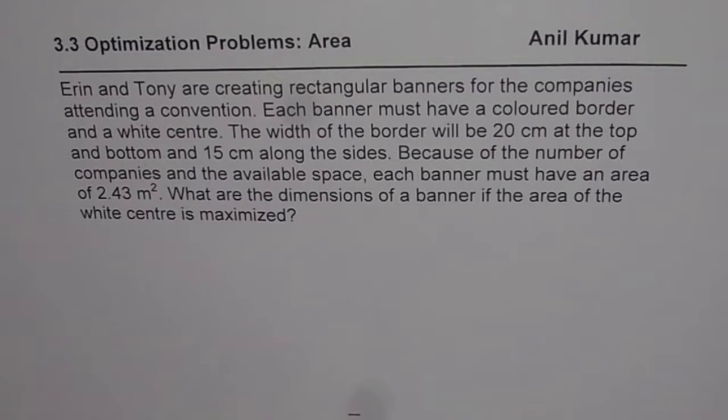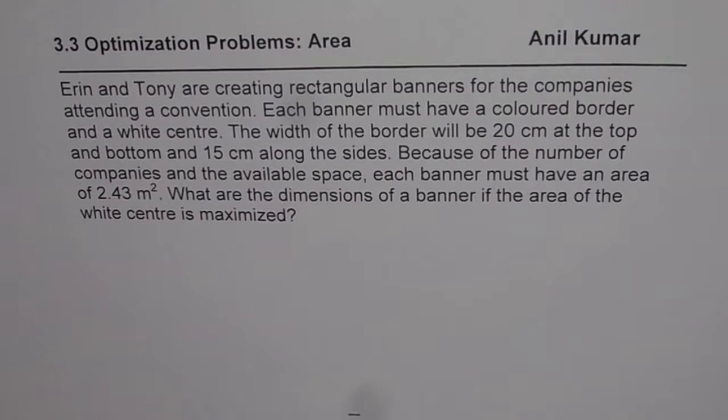Because of the number of companies and the available space, each banner must have an area of 2.43 meters squared. What are the dimensions of a banner if the area of the white center is maximized? So we'll understand the strategies. This is an excellent question seen so many times in test papers.